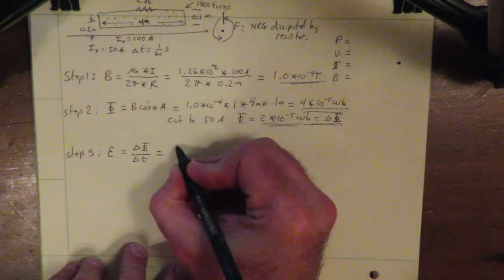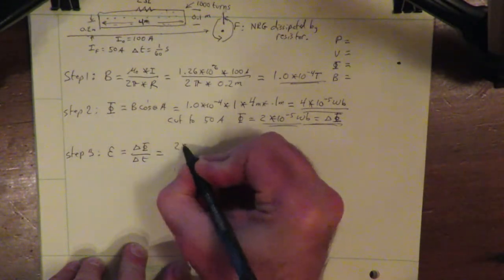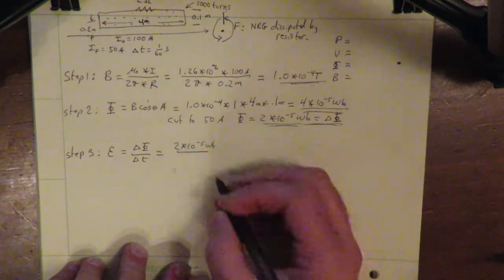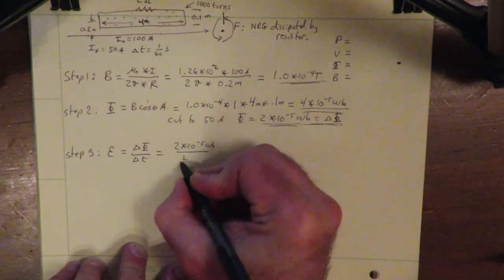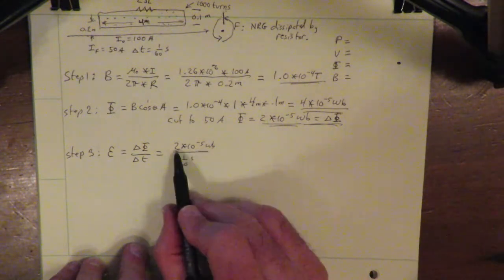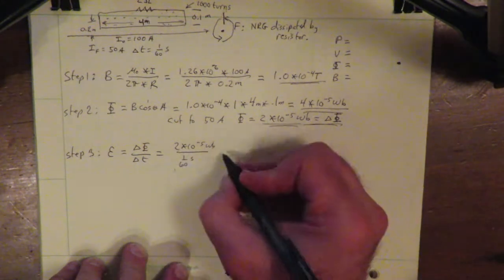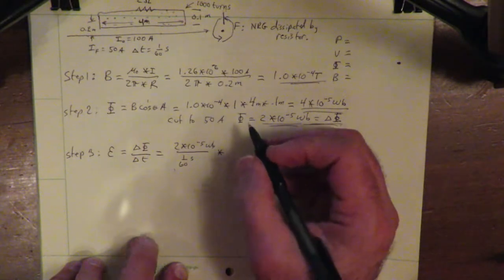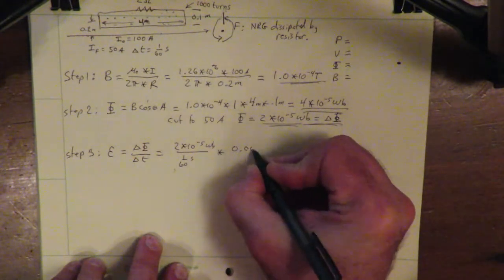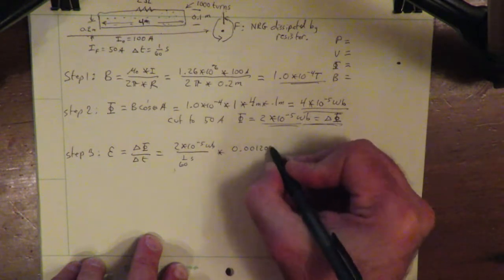So the change in flux is 2 times 10 to the minus 5th Webers divided by 1/60th of a second. So to do that, we can just multiply the 2 times 10 to the minus 5th times 60, and we wind up with 0.00120 volts.